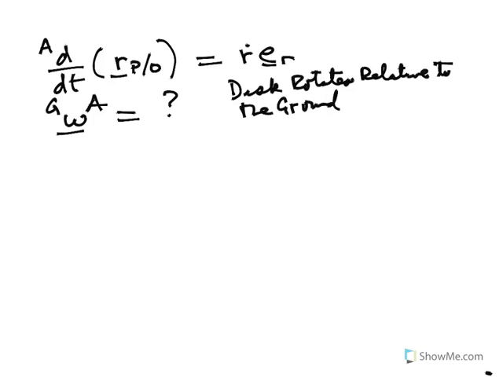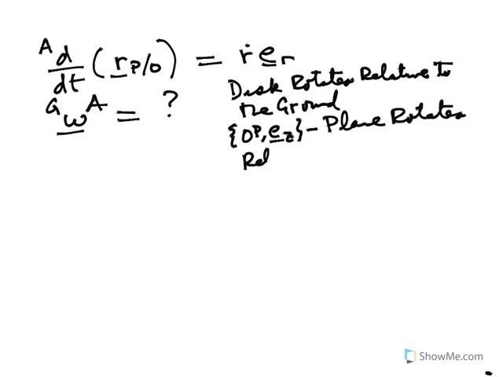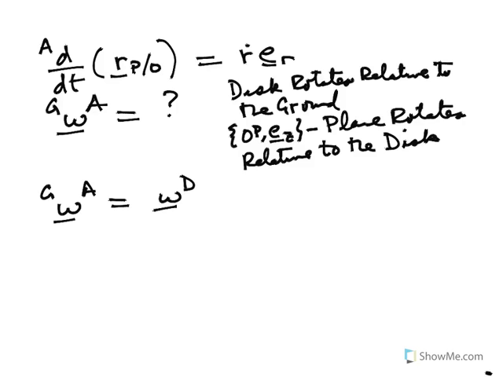We also have that the OP EZ plane rotates relative to the disk. So as a result, the angular velocity of A in G is going to equal the angular velocity of D in G plus the angular velocity of A in D.